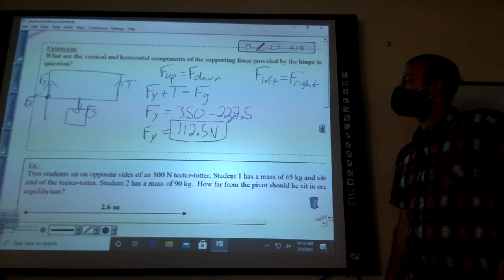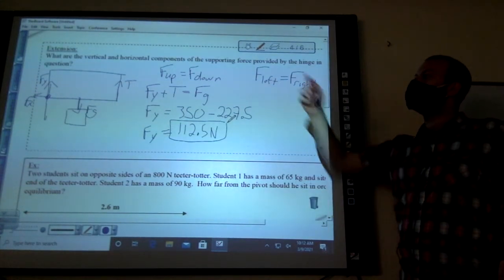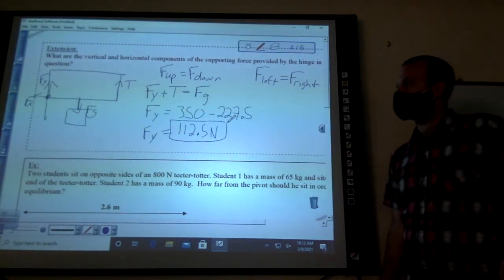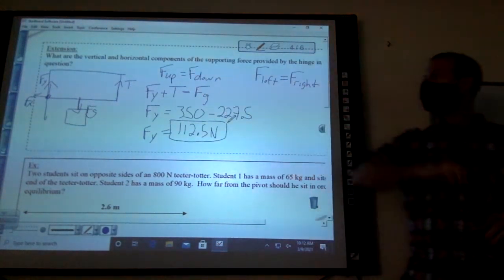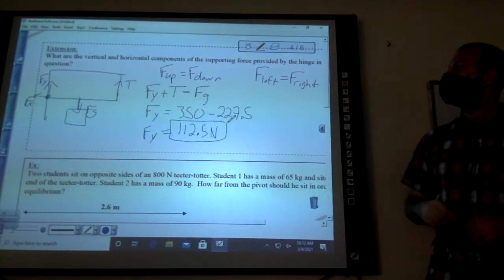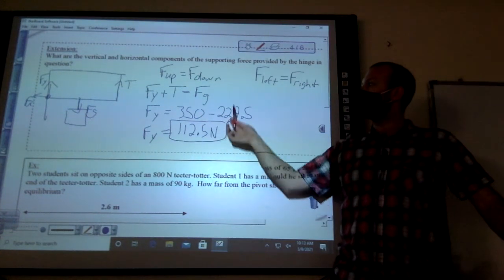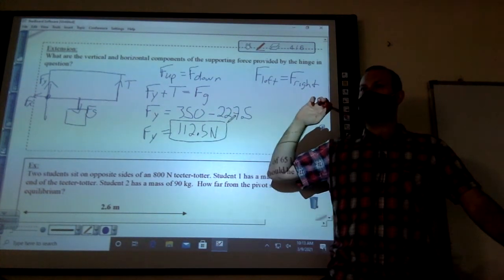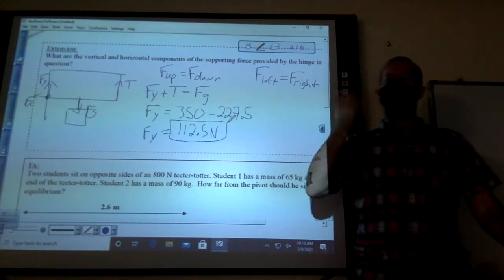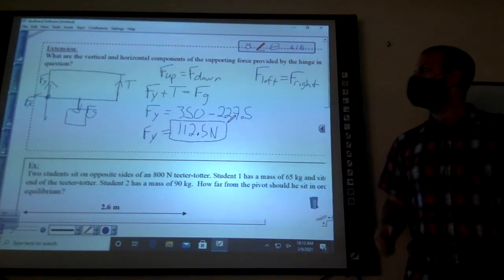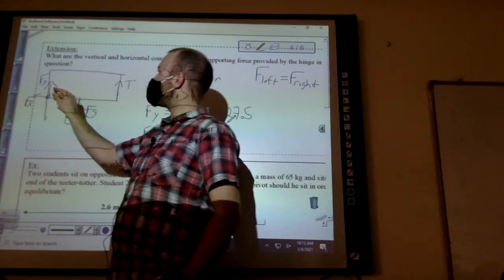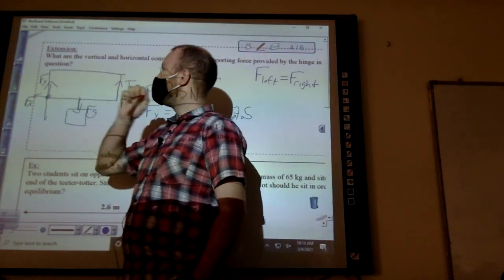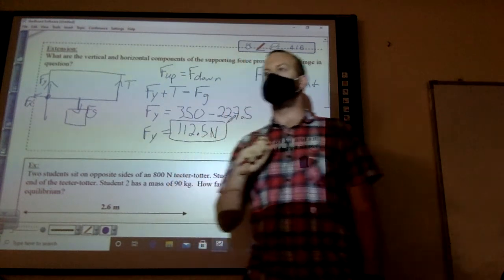Let's do the x. So I just assumed the x was to the left. I could have assumed the y was down, and then when I did my equation, I would have gotten a negative answer. That just means I picked the wrong direction. So intuitively, we thought this through and said, if there's no force here, what direction does the beam go?